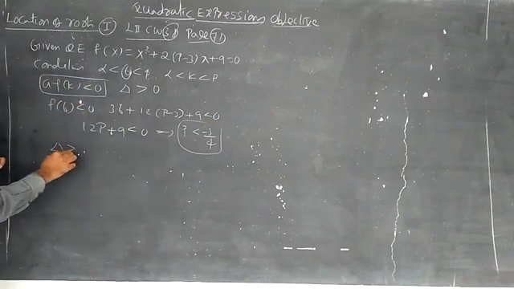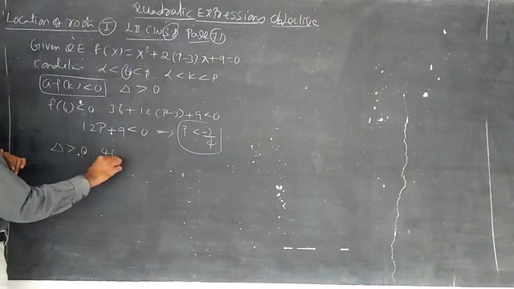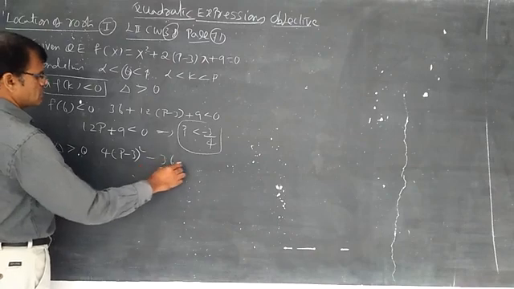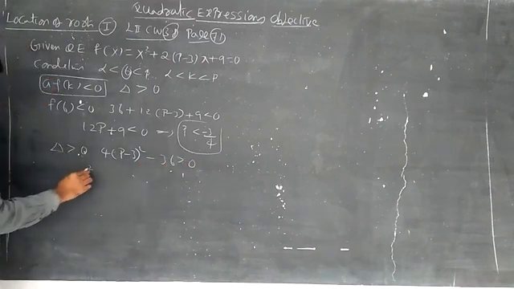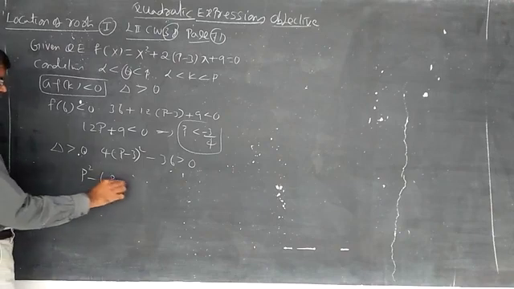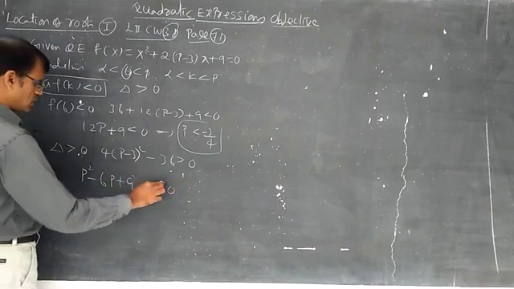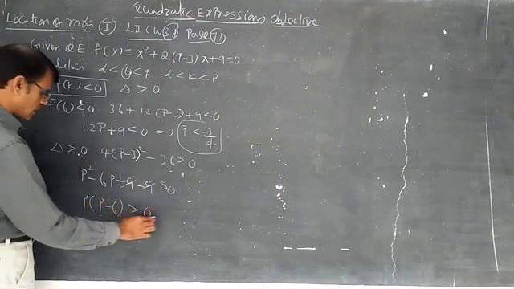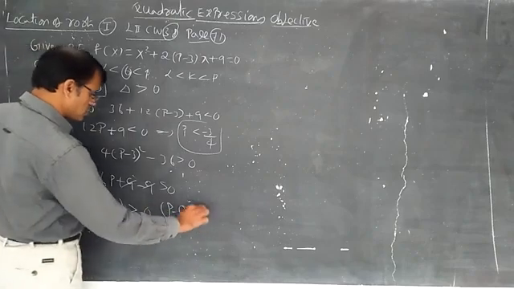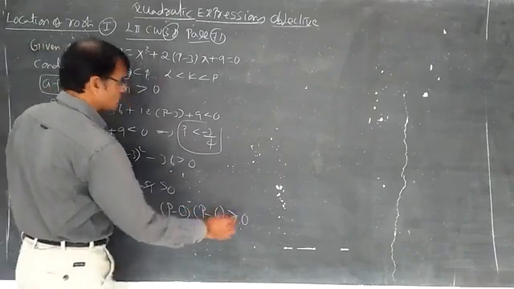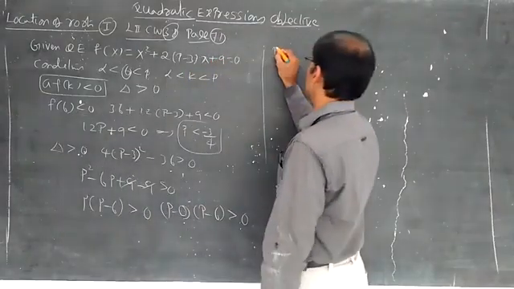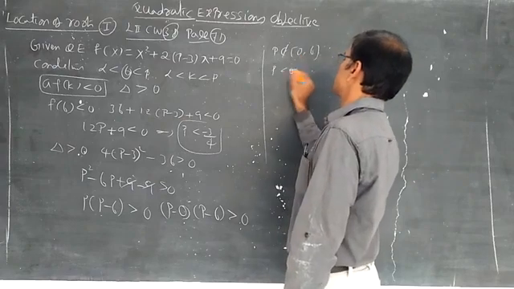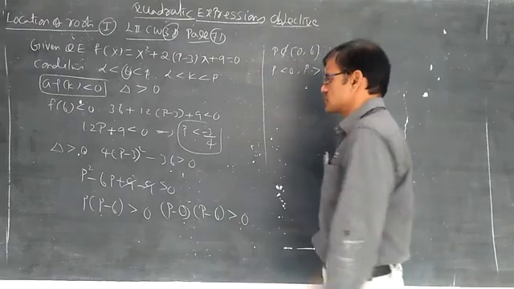And delta greater than 0. Delta greater than 0 means 4 into p minus 3 whole square minus 36 greater than 0. Divide by 4: p square minus 6p plus 9 minus 9 greater than 0. 9 and 9 get cancelled. Taking p common, p into p minus 6 greater than 0. So p does not belong to the closed interval 0 comma 6: p less than 0 or p greater than 6.